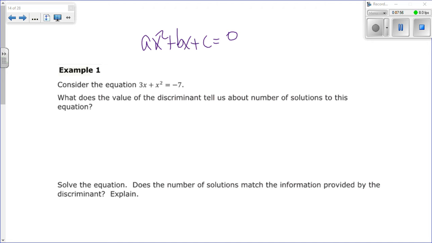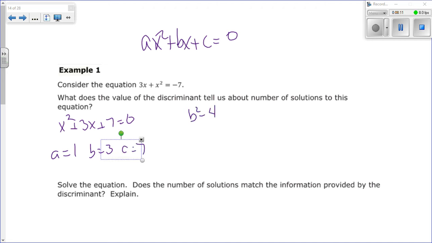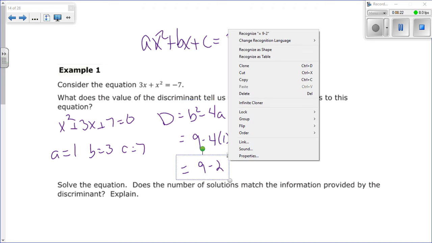So I'm going to rewrite it as x squared plus 3x, and then add the 7, so plus 7 equals 0. So a is 1, b is 3, c is 7. So the discriminant is equal to b squared, so it's 9, minus 4 times 1 times 7. So it's 9 minus 28.